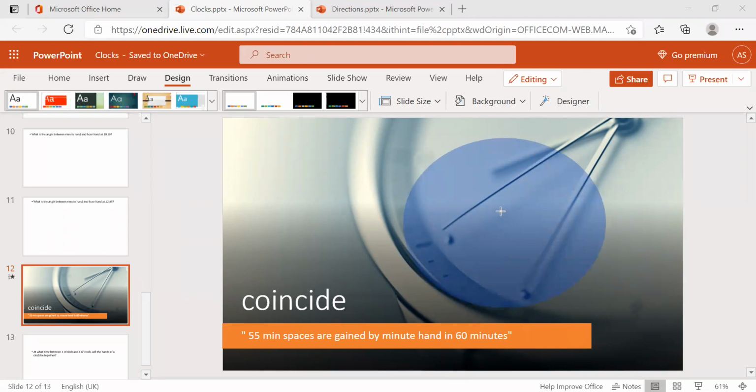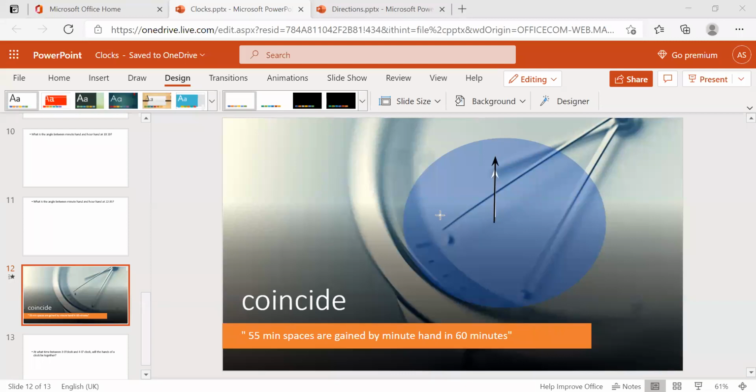Think now the time is exactly 12. This is the hour hand and this is the minute hand. At exactly 12, both the hour hand and minute hand show exactly 12.